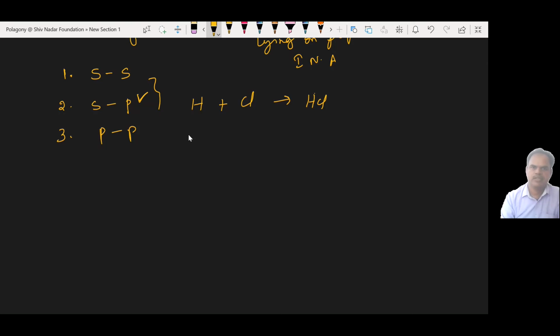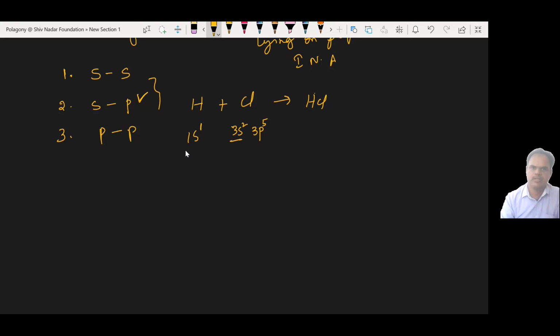The electronic configuration of hydrogen is 1s1, and the outermost electron configuration of chlorine is 3s2 3p5. According to valence bond theory, only orbitals having unpaired electrons will combine, whereas orbitals having paired electrons don't take part.